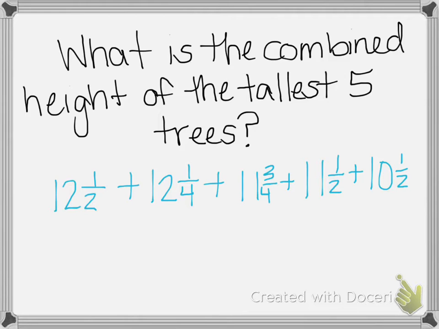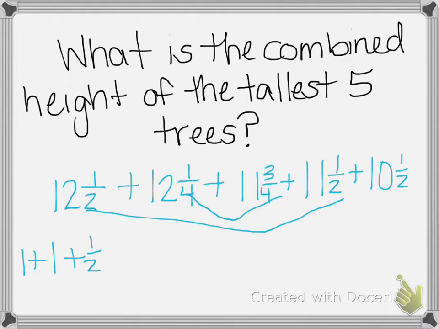So if we look, 1/2 and 1/2 is 1 whole. 1/4 plus 3/4 is 1 whole. And then I have 1/2 left over. So right there I got rid of most of my fractions.